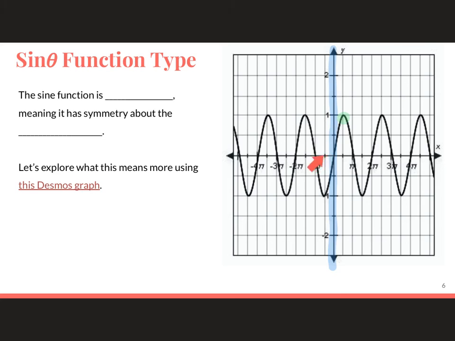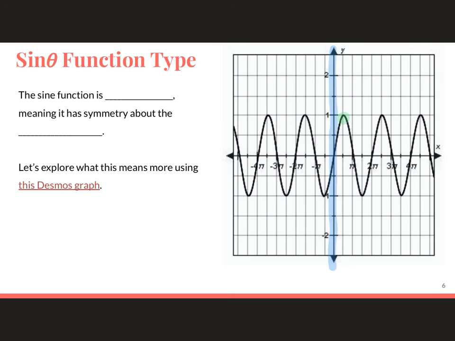But then if we go negative pi over 2 units to the left of our y-axis, we don't see that same peak over there. So if we were to fold our paper in half over this y-axis and they were actually symmetric, then you would have a peak that would fold right over here. And we don't have that, right? So we know that this function's not even.